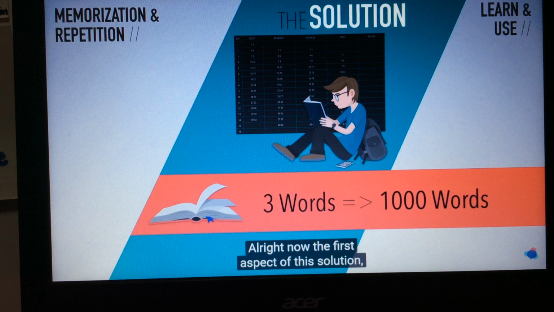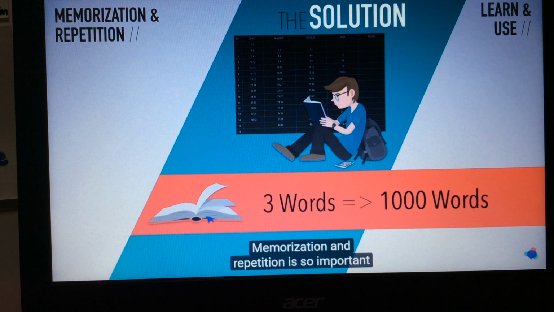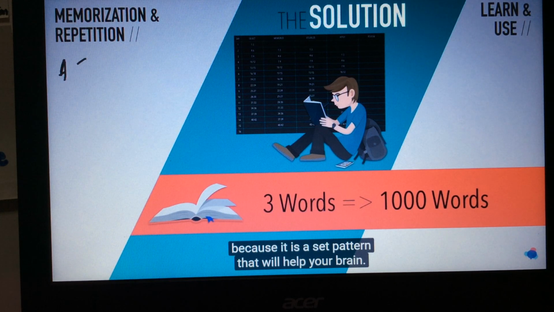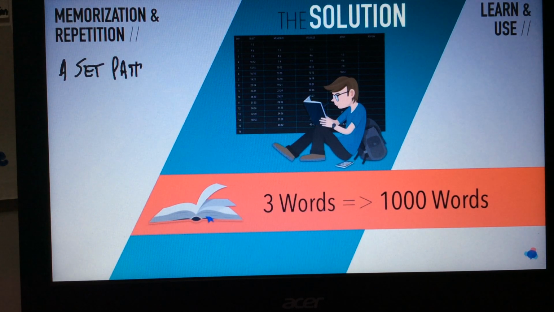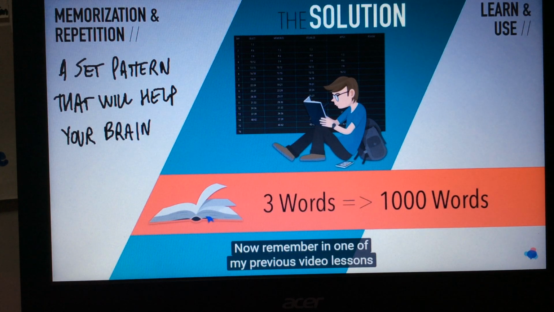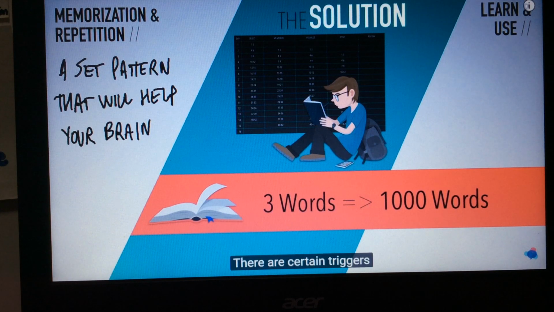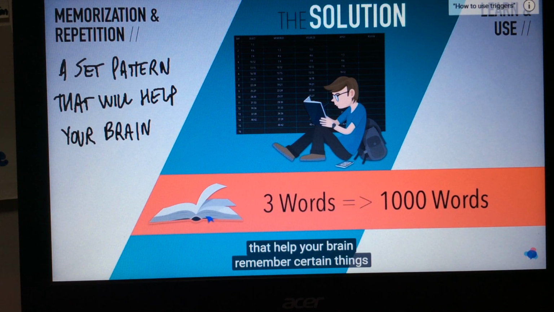Alright, now the first aspect of this solution, before I explain it in detail, is the memorization and repetition. Memorization and repetition is so important because it is a set pattern that will help your brain. Okay, that will help your brain. Now remember, in one of my previous video lessons, I explained how your brain works, okay? There are certain triggers that help your brain remember certain things, okay?